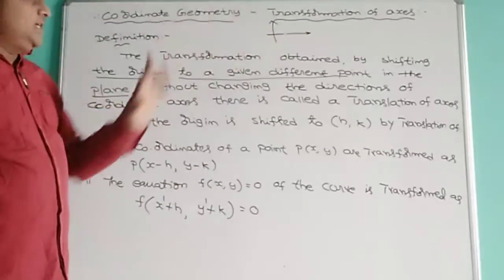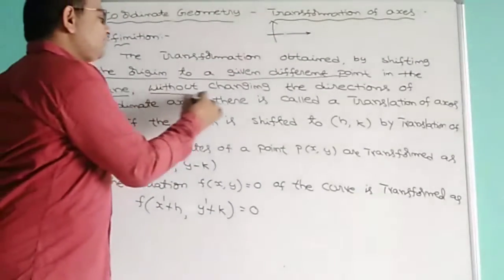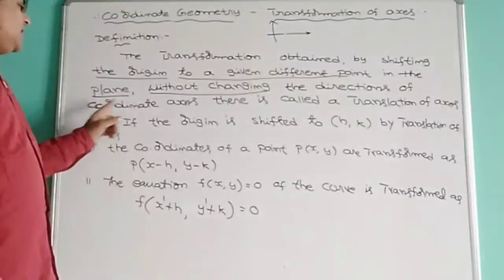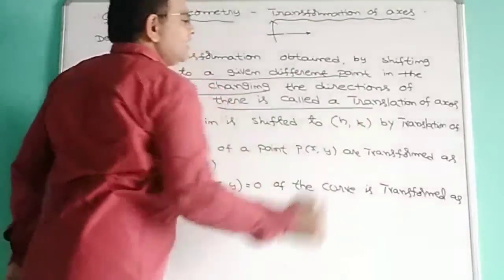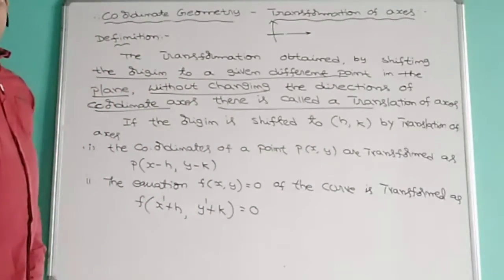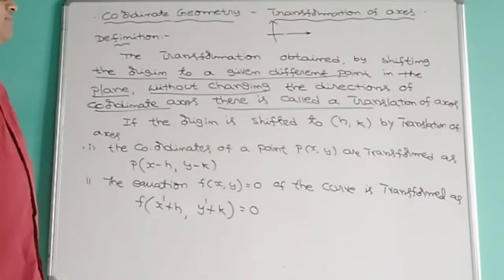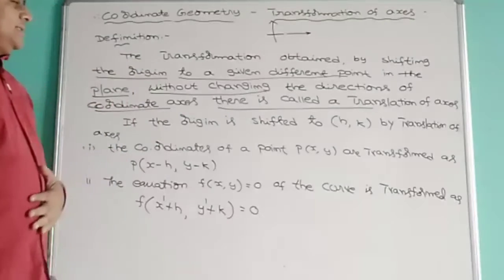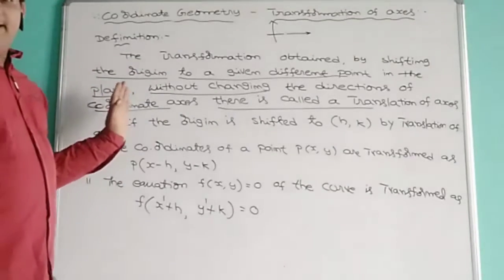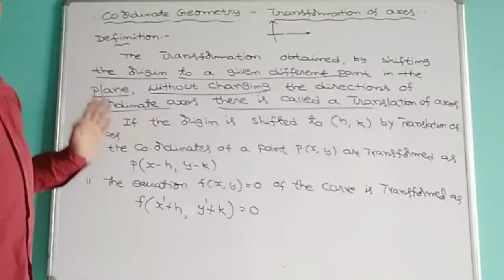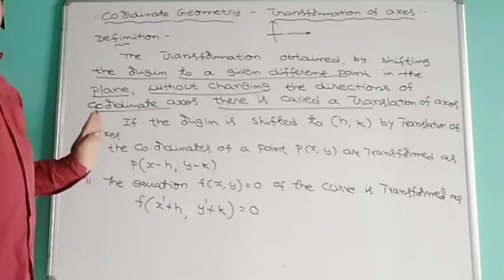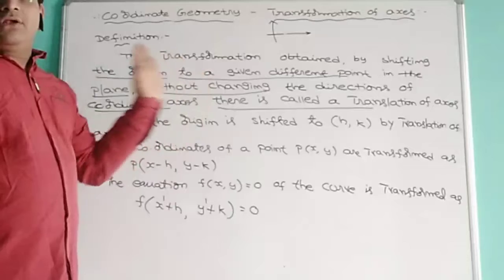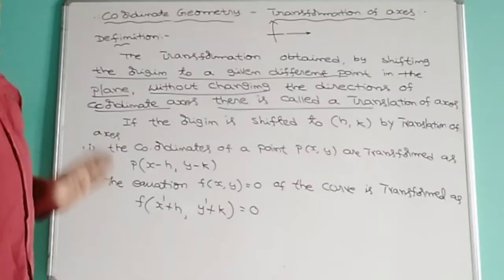There is no change. Without changing the direction of the coordinate axes, it is called a translation of axes. Here the x-axis and y-axis positions never change, the horizontal line and vertical line, but the origin is shifted to a new point h comma k.